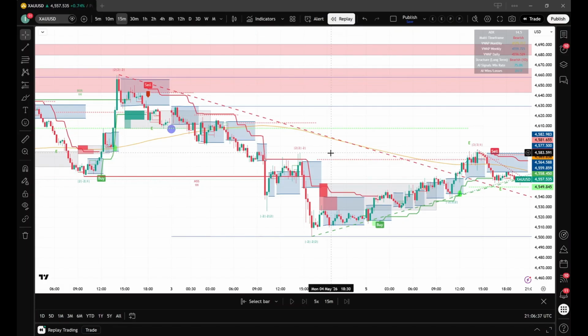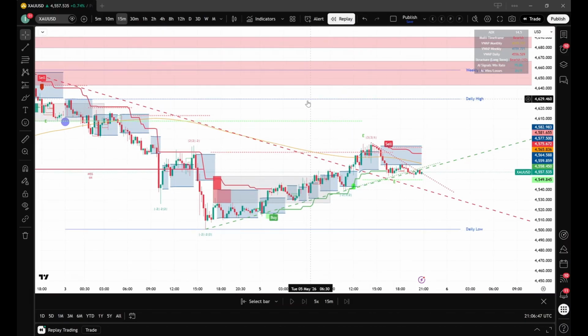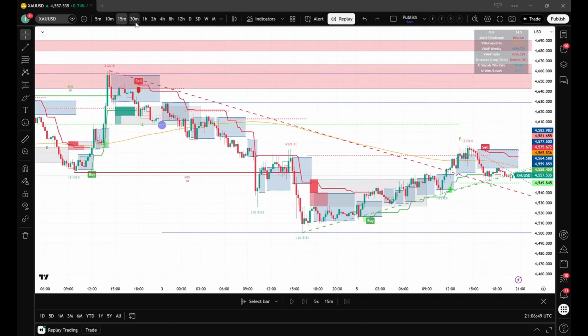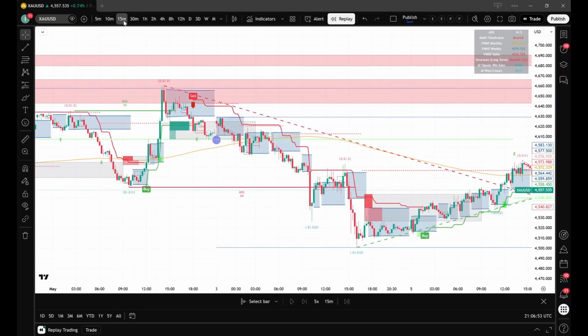That's what it helps with. By the way, this works across any time frame, so any time frame you switch to, it will do the same. Obviously the lower the time frame, like currently I'm on the 15-minute chart, the noisier it is. The higher the time frame, the less noisy.